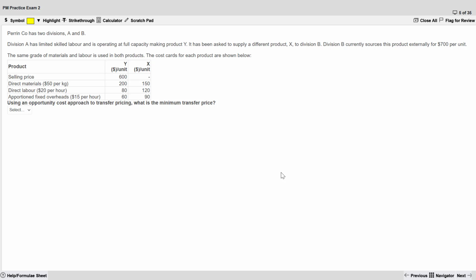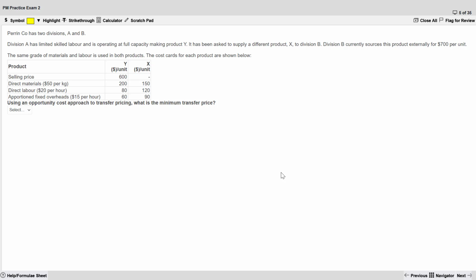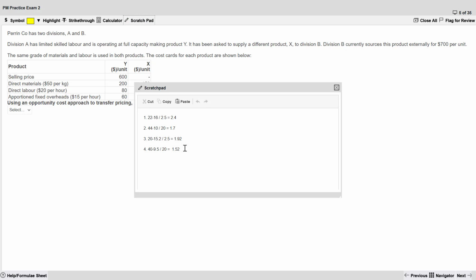Moving on to question 5, using an opportunity cost approach to transfer pricing. Ooh, transfer pricing, tricky topic. If you hate transfer pricing, by all means, flag this, come back and do it later. But we're here, let's do it together. What is the minimum transfer price? Well, I'm going to open up the scratch pad, and before I do anything, let me write down the formula that I need.